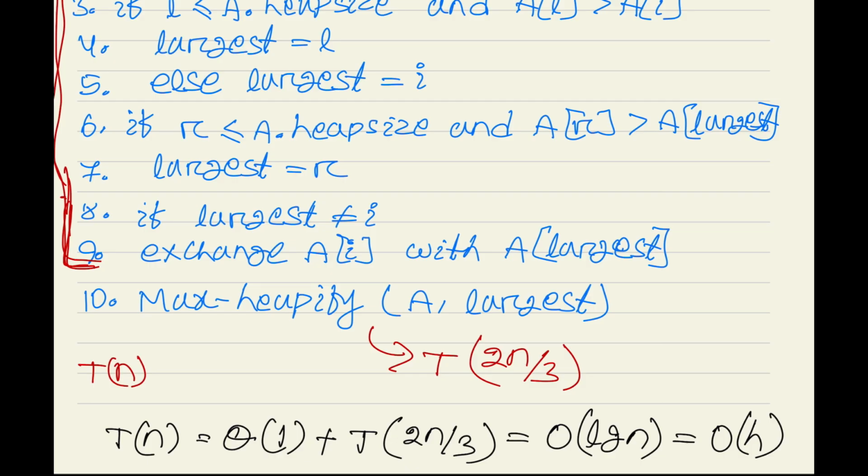So you can write this as order of h. The running time of the Max-Heapify algorithm is order of log n or order of height. I hope this is clear to everyone.